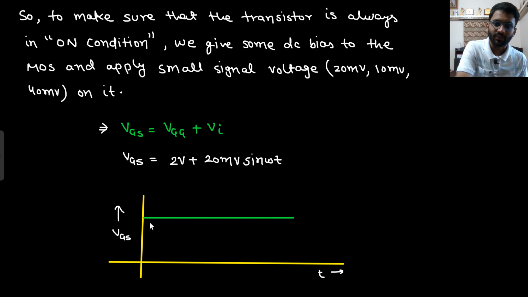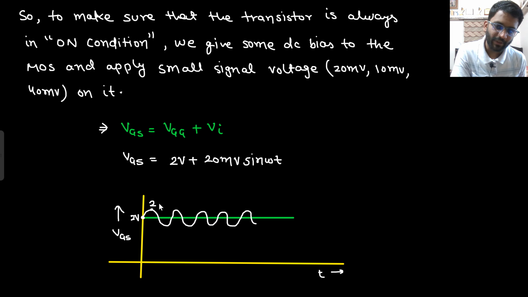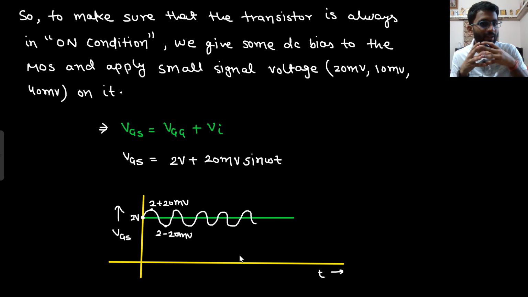This is the DC, that is 2 volt, plus the AC signal that is imposed on it. So this point will be 2 plus 20 millivolt, and this point will be 2 minus 20 millivolt. So it will not change the operating condition.